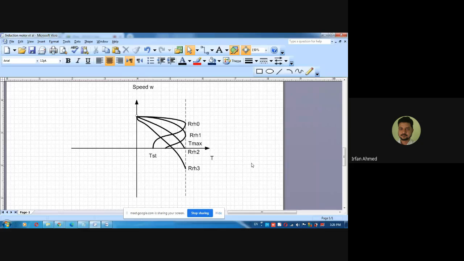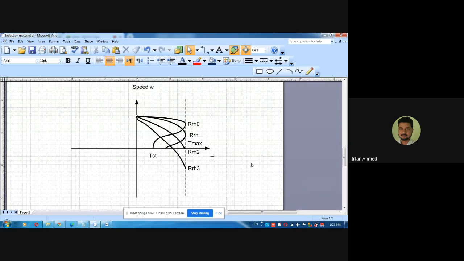Who decides the synchronous speed? The supply frequency and number of poles. Once the motor is constructed, the number of poles is fixed. So mainly it depends on the supply frequency. Correct.